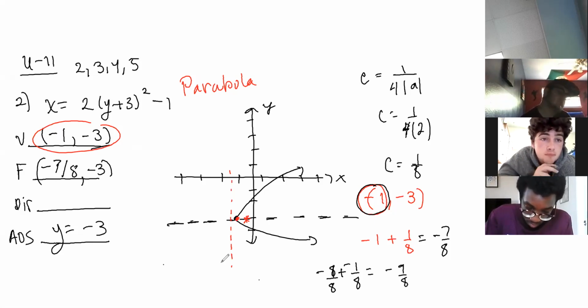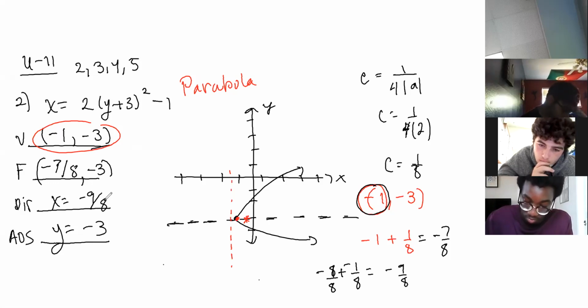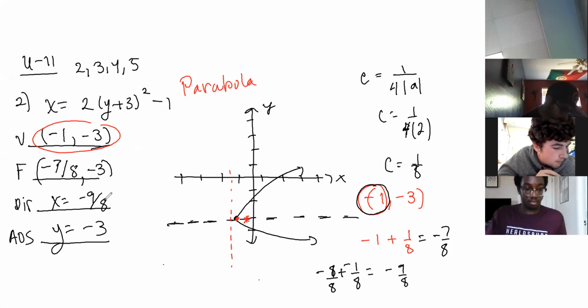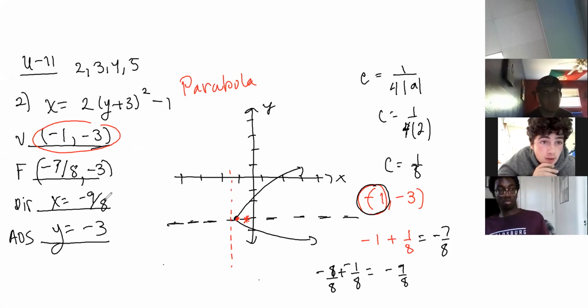So this is an x equals line, x equals -9/8, or -1 1/8. Okay. Got it? Mm-hmm. Eric Bud, you're the one who asked for this one. Questions on it, or did it make sense?